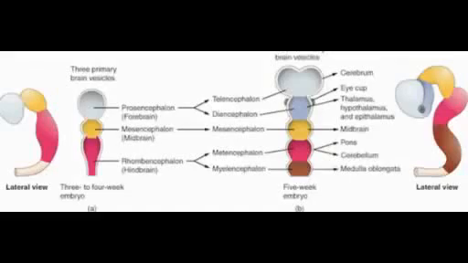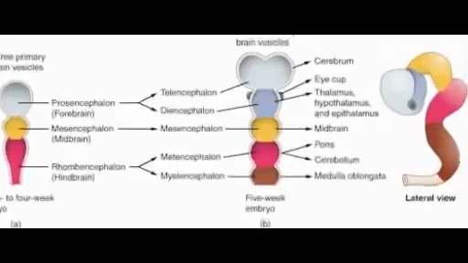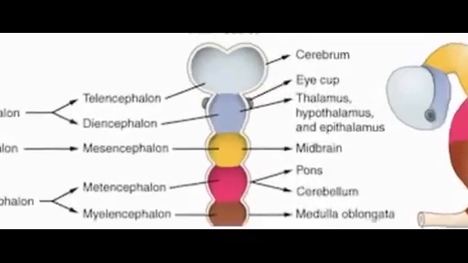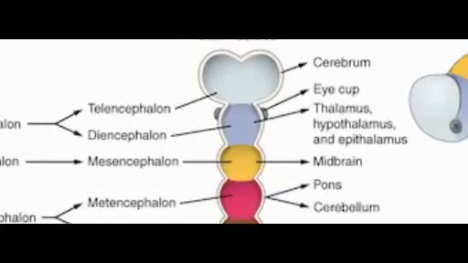This is your diencephalon in your brain. So remember the border between your middle brain, the mesencephalon, and the diencephalon. From there originate the thalamus, hypothalamus, and epithalamus.